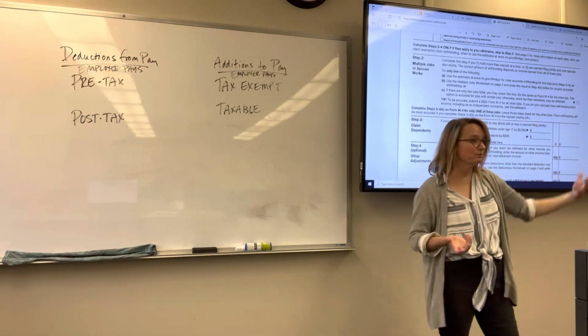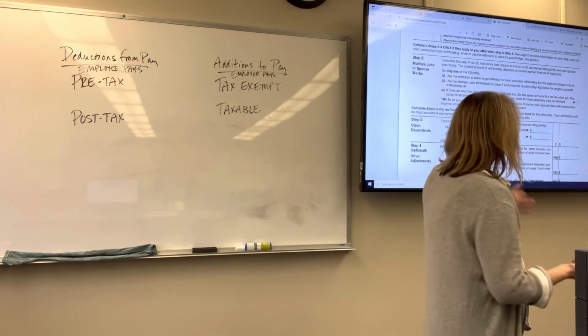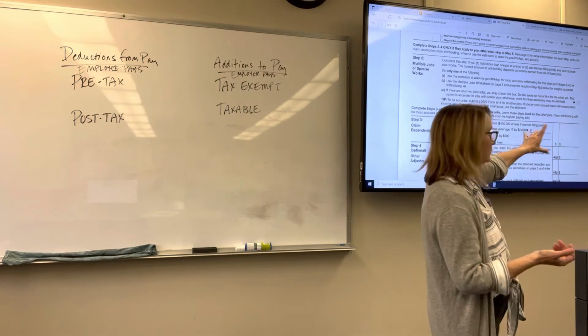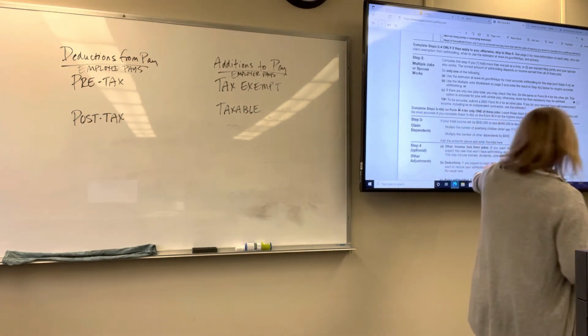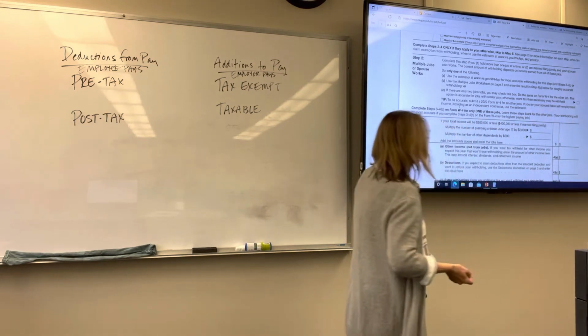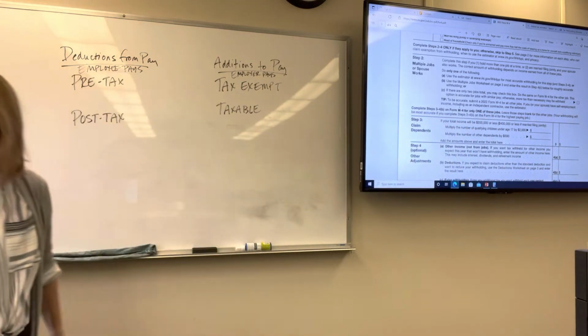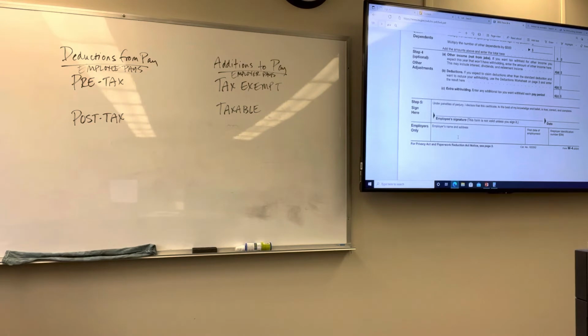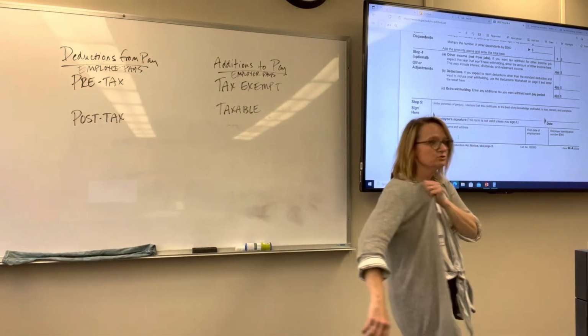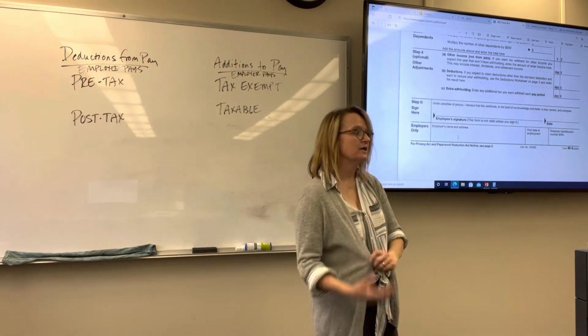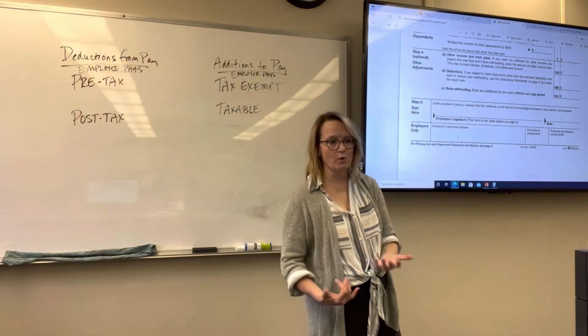So for example, if your mother is a dependent and meets the requirements for this credit, you might get a $500 credit for her. All right, so that has to do with the dependents there. Step 4, any other income that you want to have added and included in the calculation for your withholding.